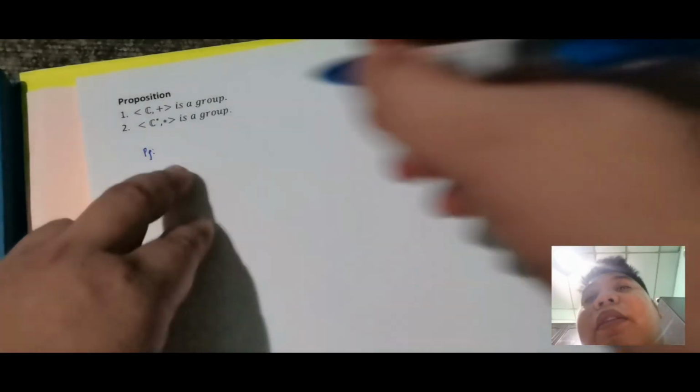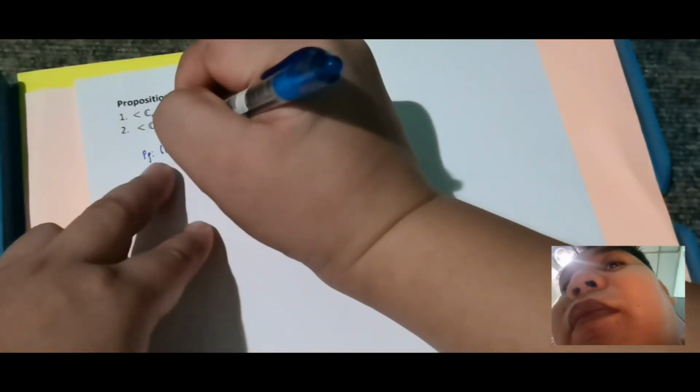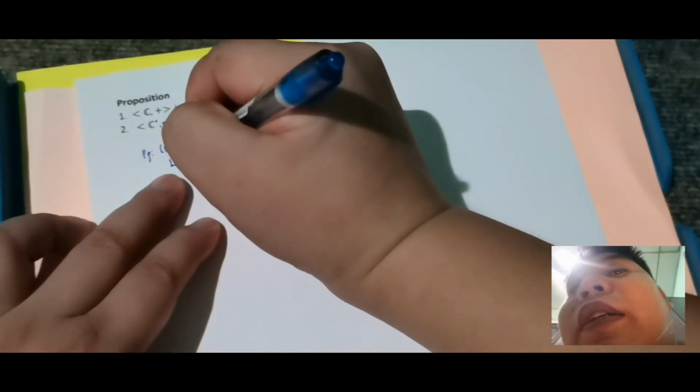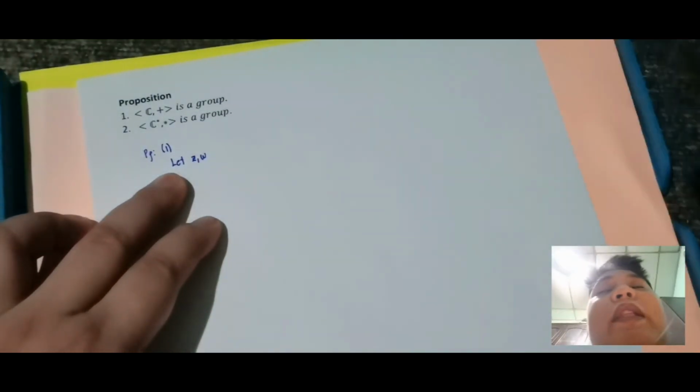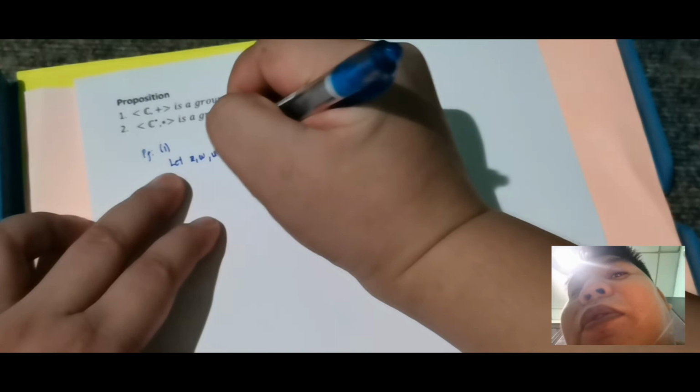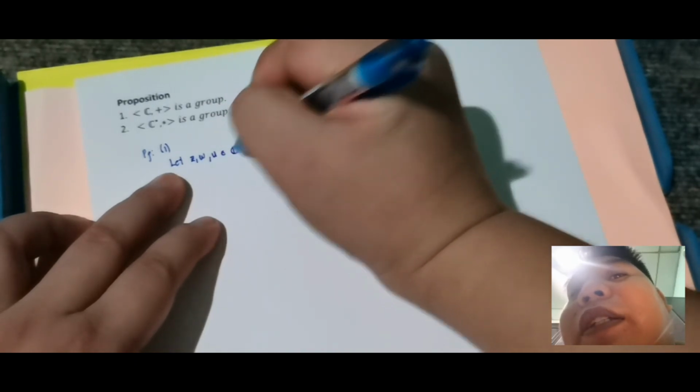Okay, so doon tayo sa may 1, proof ng 1. Okay, so let tayo ng element ng complex numbers. So, let z and w, then dagdagan ko na, and u, elements ng complex numbers, kasi gagamit din tayo ng tatlong element.